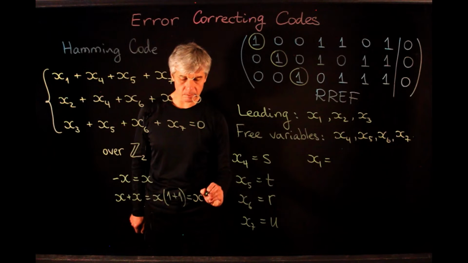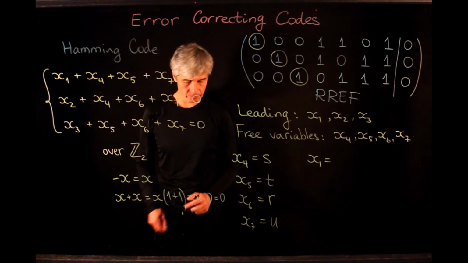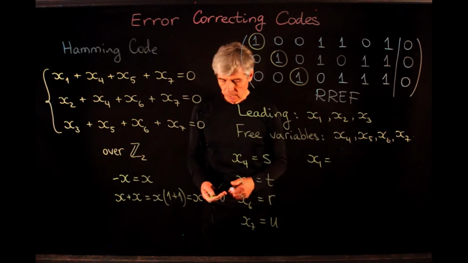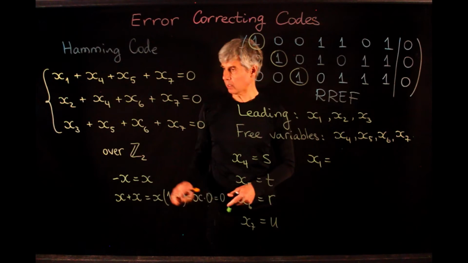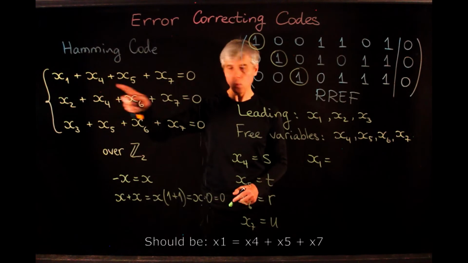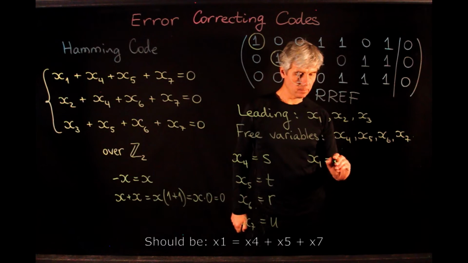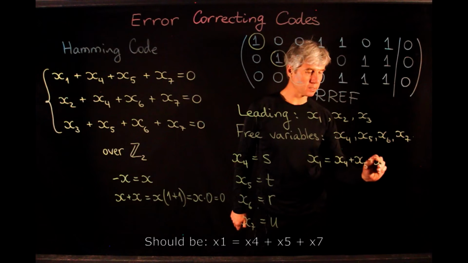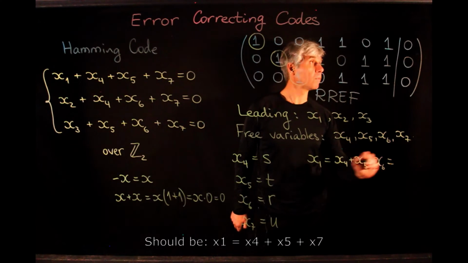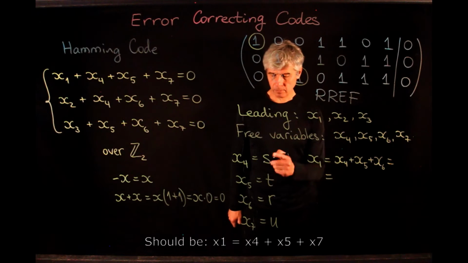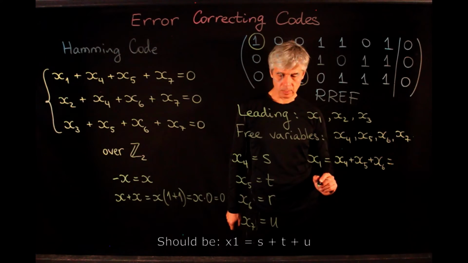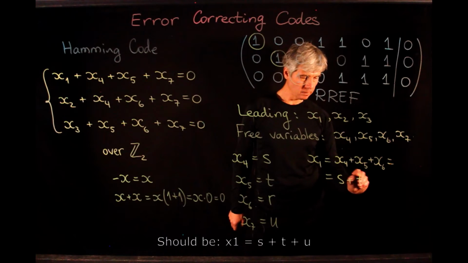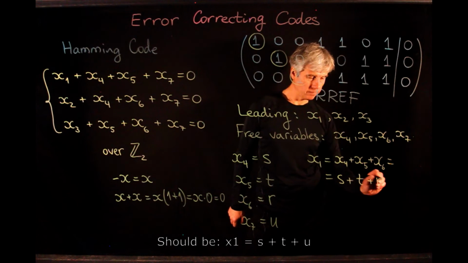So this is x times 0, which is 0. So x1 is going to be x4 plus x5 plus x6. Or in terms of these parameters, this is s plus t plus r.